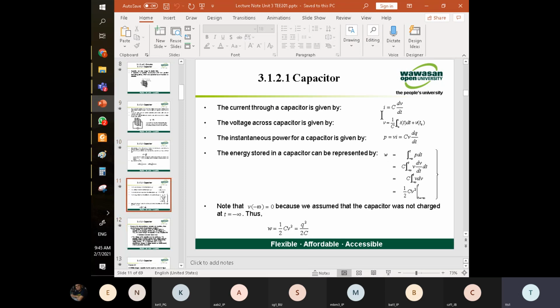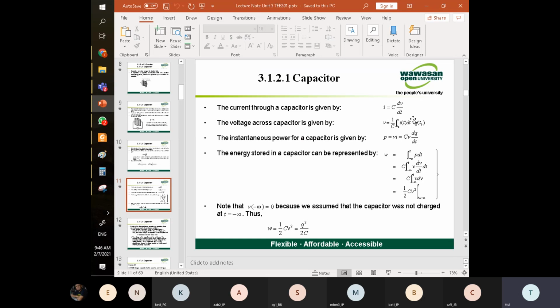And then here are a few very important equations associated with this capacitor. The capacitor current is defined by C times the change of voltage over change of time, dV/dt. For the voltage, you must take the integration, 1 over C, I dt.